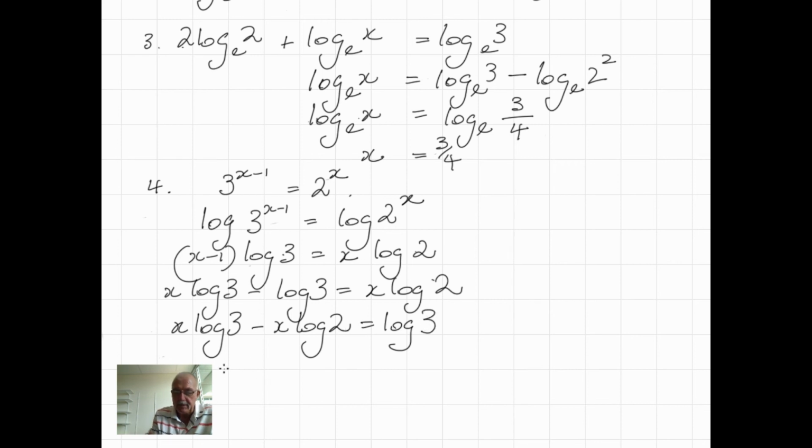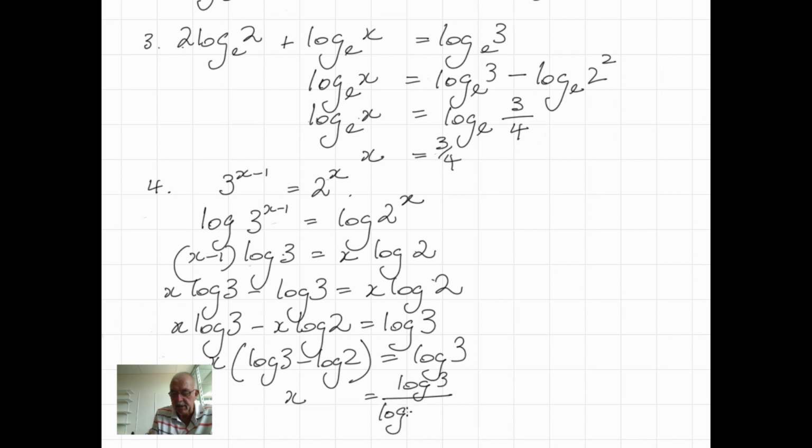I can now factorise and take x outside: x times log 3 minus log 2 equals log 3. And I can divide both sides by this bracket here, and I'll get my x by itself, and my denominator will be log 3 minus log 2.